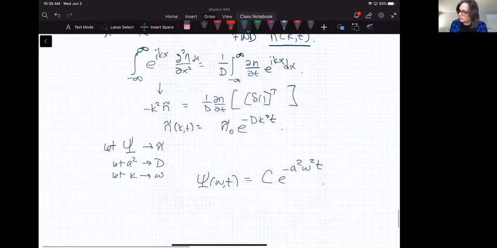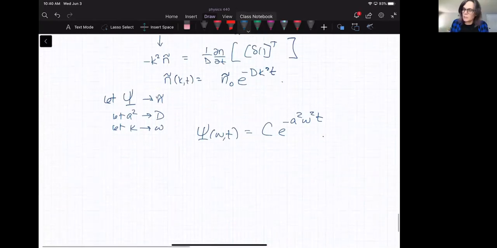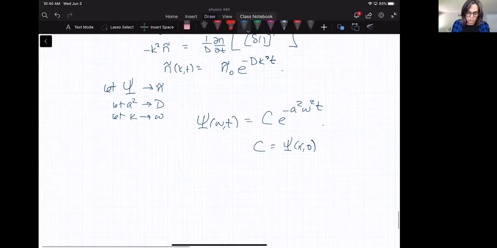That constant we've identified as this initial value. If we want to dive into this a little deeper, we can specify what that value is, namely c is equal to psi of x0, some initial distribution of temperature or particles before diffusion.